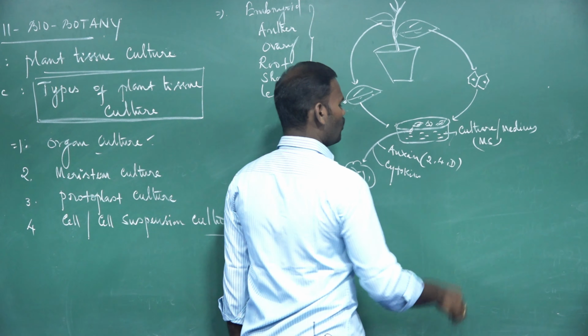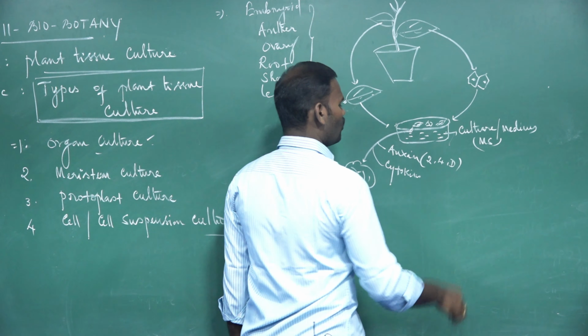Next, cytokinins. Callus is developed under the influence of auxin and cytokinin. Auxin, especially 2,4-D, is used to induce cell division. Cytokinin, especially BAP, is maximally used in plant tissue cultures for the initiation of cell elongation. As a result, an unorganized mass of undifferentiated tissue, callus, is formed.